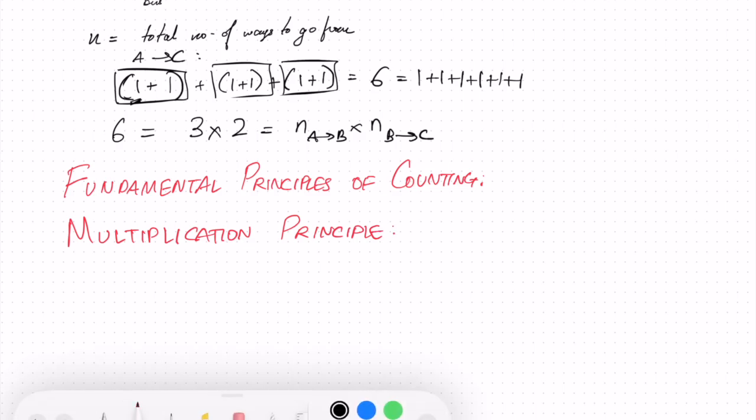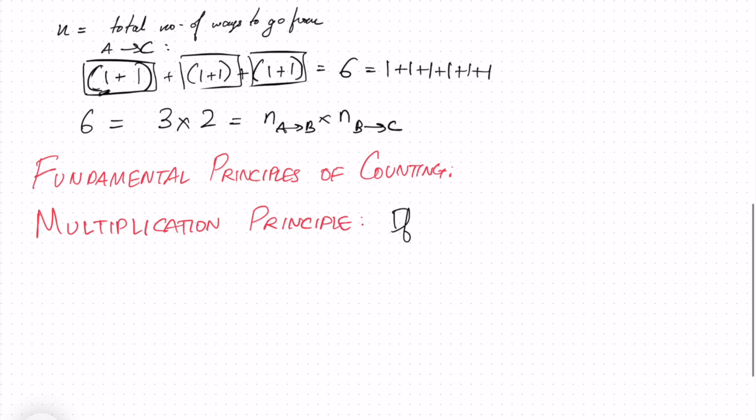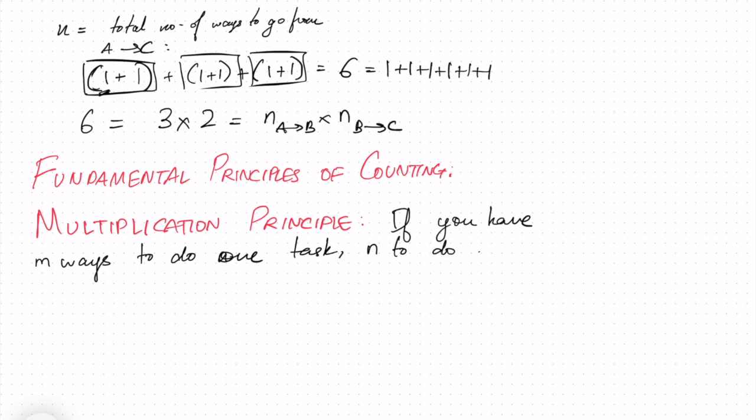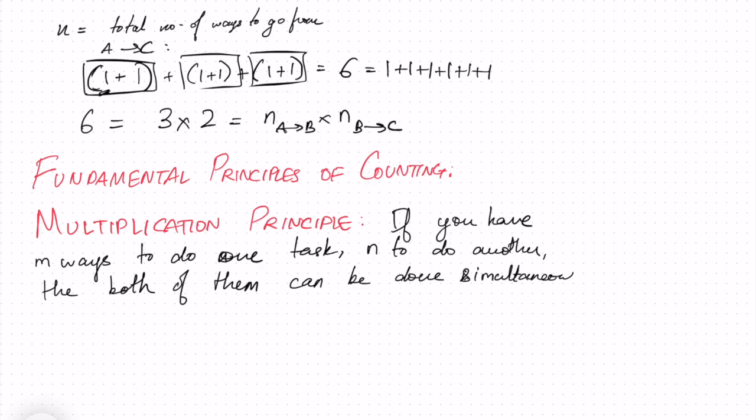Now this principle states that if you have two tasks, if you have say m ways to do one task, and n to do another, then both of them can be done simultaneously in m times n ways.